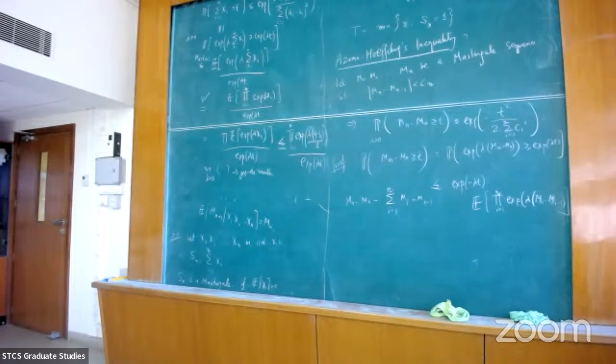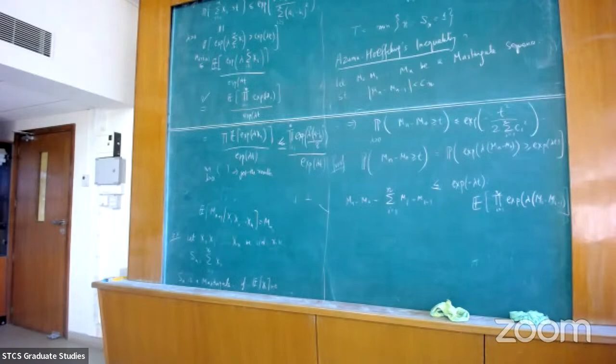M1 through Mn. What is the obvious condition you would like to take? Condition on what? The condition for a martingale is that if you take the first n minus 1, I know something about the nth.